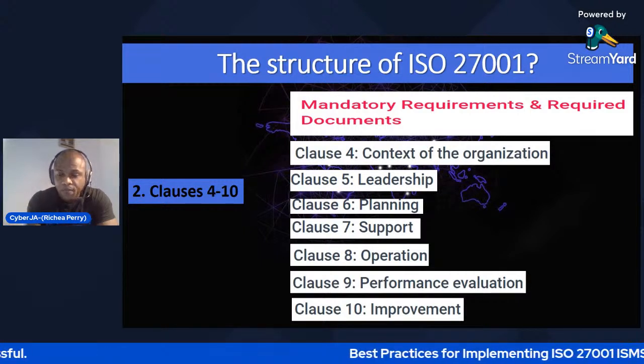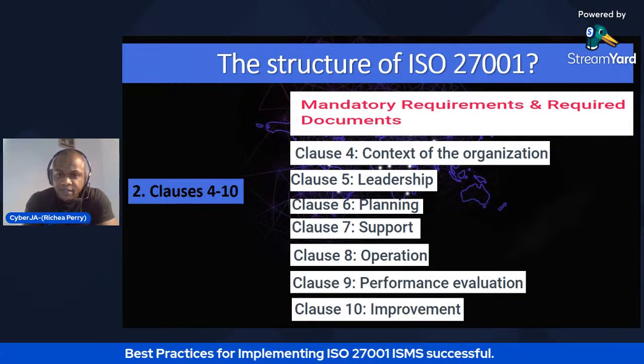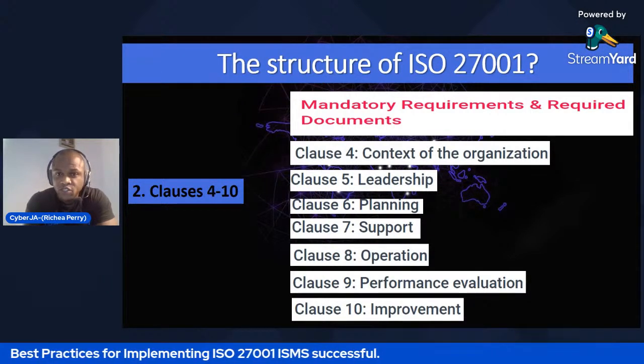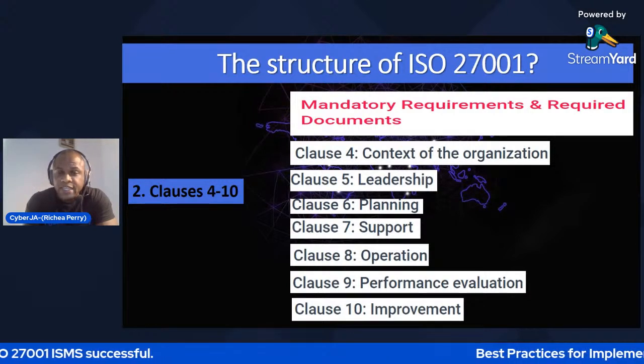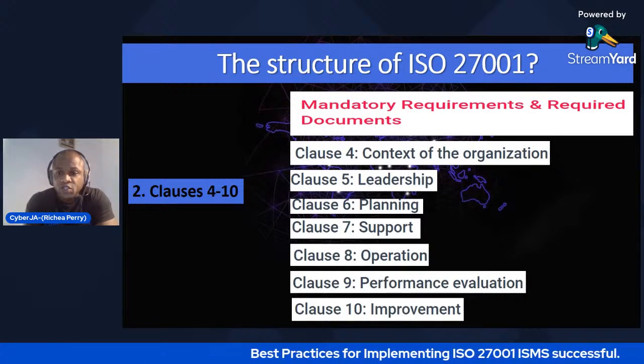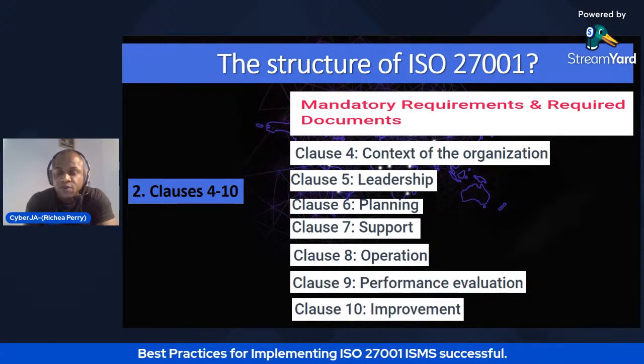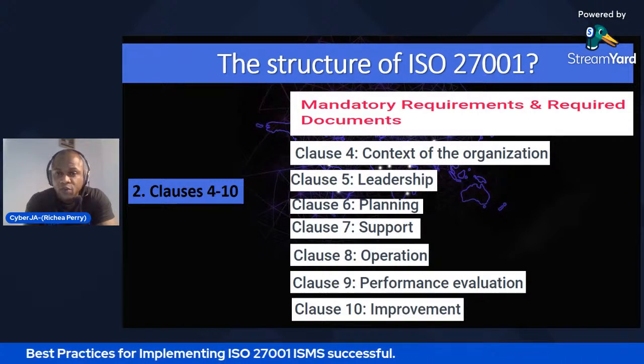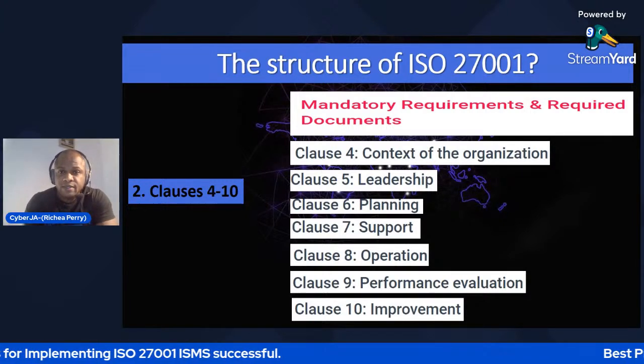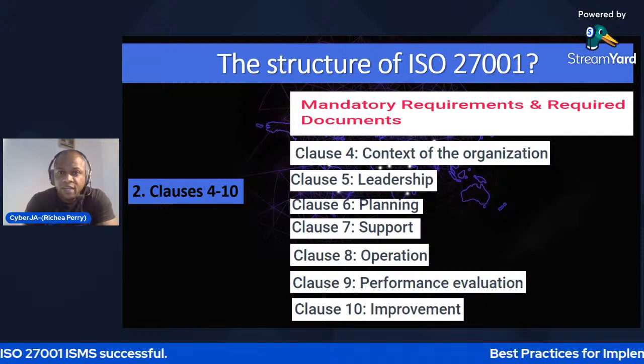Now there are a number of annexes that outline approximately 110 to 114 controls that are used within each of these clauses to implement the necessary controls that are required to meet the compliance requirements. So there we have the structure of the ISO 27001.